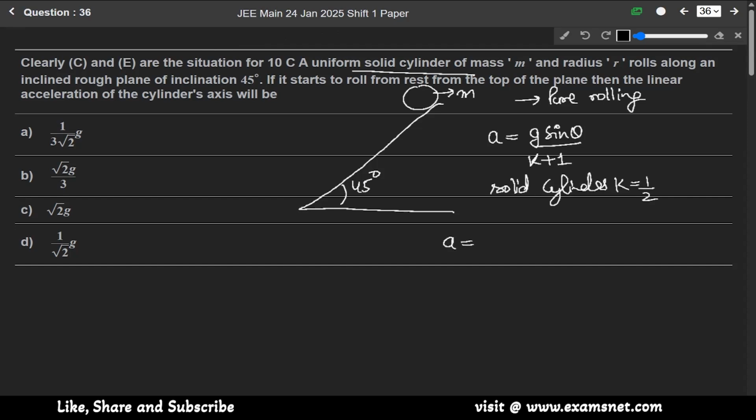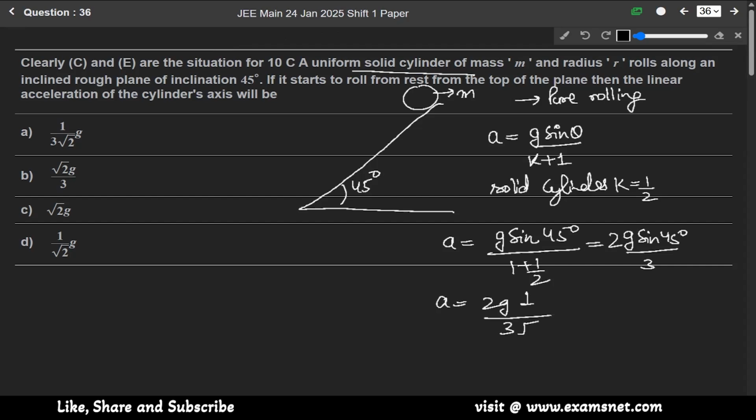So A will be equal to g sine 45 degree over 1 plus 1 by 2. It will be g sine 45 over 3 by 2. So A will be 2g sine 45, which is 1 by root 2, so it will be 3 into root 2. So it will be equal to root 2 over 3 into g. So our answer is option B.